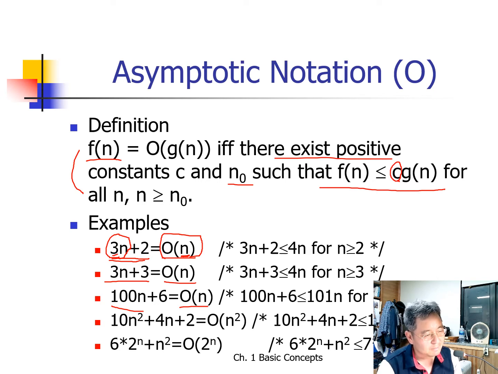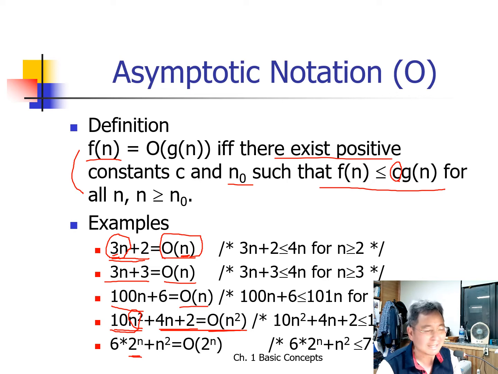But if there is another dominating term, n square, quadratic, this is a non-dominating term. Okay, so we consider only this dominating term. Okay, 10n square belongs to big O n square. And how about this one? This one is exponent.